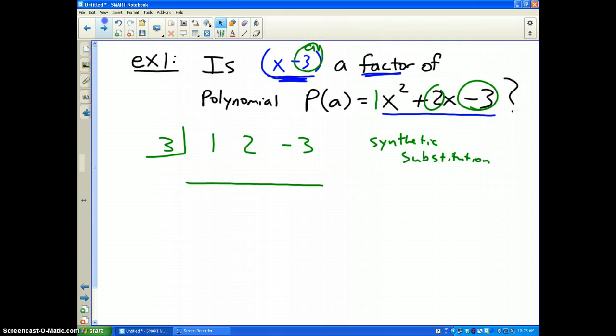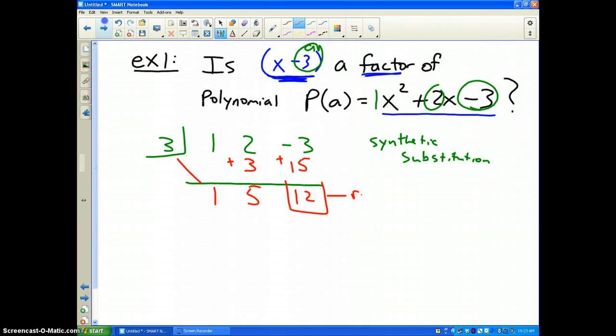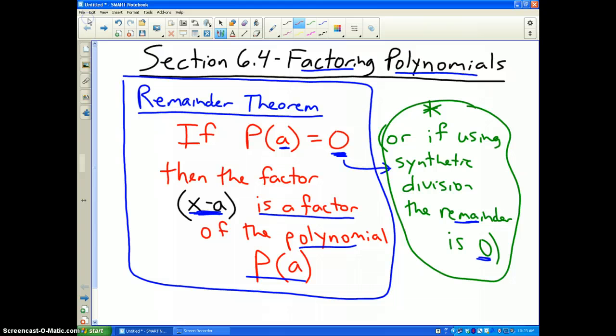So I'm going to test it. Doing synthetic division, I bring down the 1, I times those 2 together and get 3. I add those 2 and get 5. 3 times 5 is 15, and I add these 2 together, and my last number is a 12. That's my remainder. Going back a slide, it says if your remainder is 0, then x minus a is a factor.